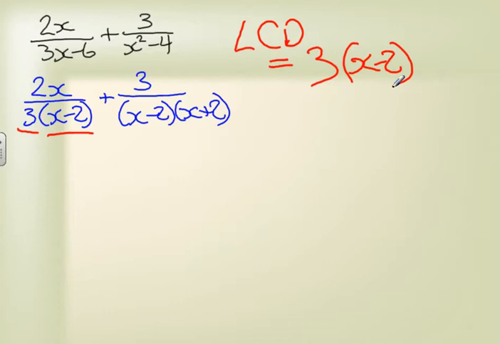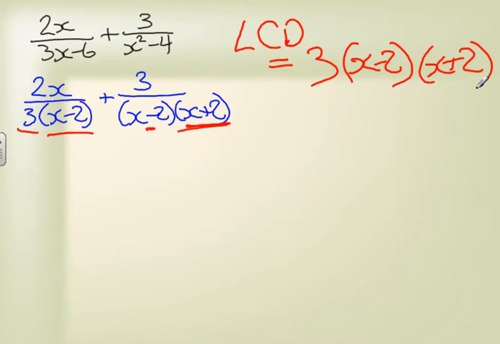I've got an x minus 2 over here on the other side too, but that's already accounted for. I do have an x plus 2, so that also has to be in my LCD. Now everything in my denominator is accounted for. I've got one of everything in my LCD, the lowest common denominator, which is going to be 3 times x minus 2 times x plus 2.